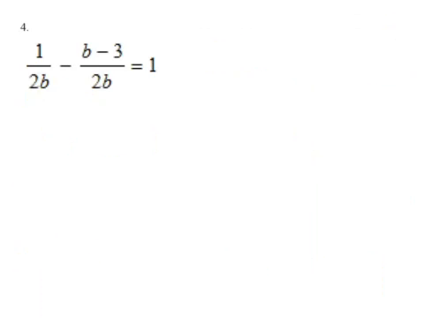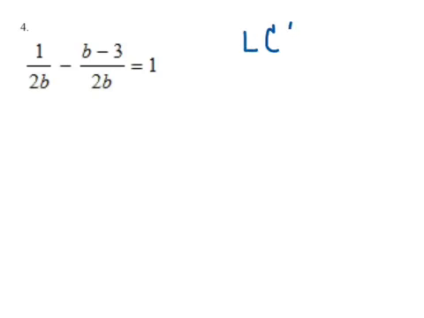Let's try this one last example for today. Notice I have two denominators on the left side, but the right side does not have a fraction. We still want to identify our least common denominator.